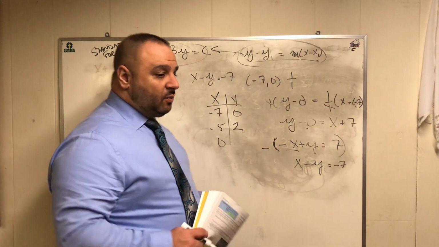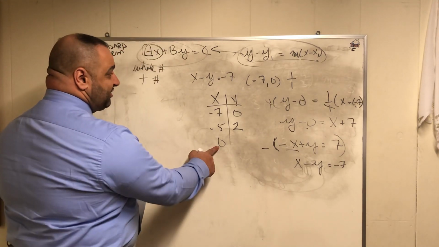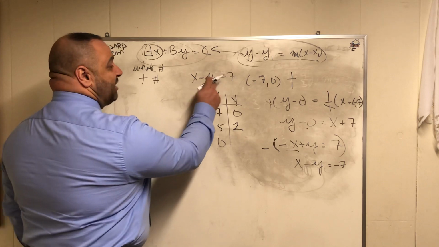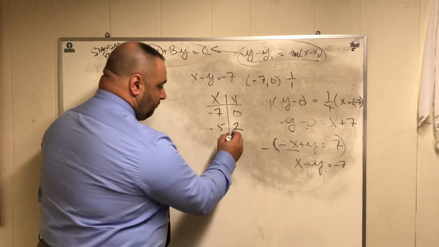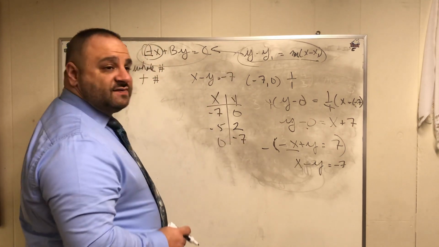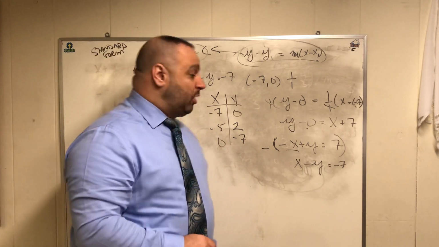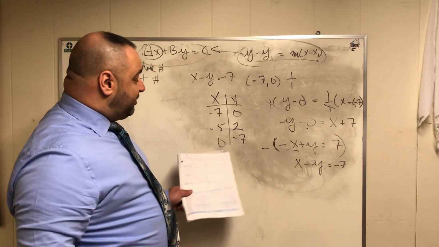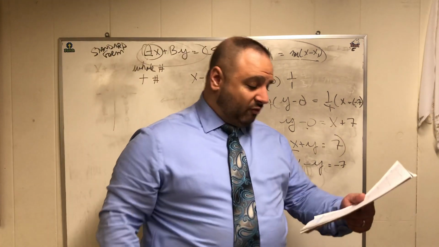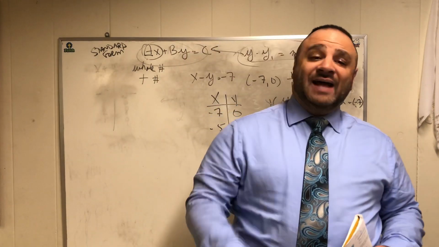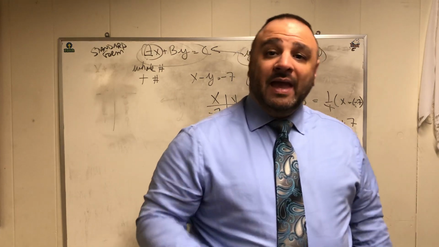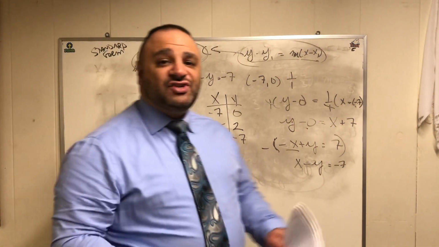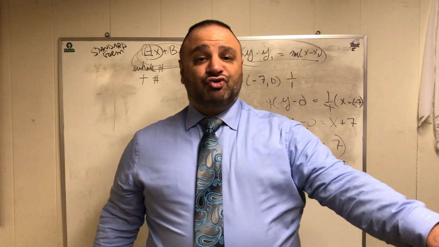And the last one, if this is 0, obviously 0 minus what gives me -7? -7. Now you want to take those coordinates, -7, 0, -5, 2, 0, -7, and graph them on the graph for number 10, and you will find out that you will have a straight line, because this equation is the graph of a straight line.